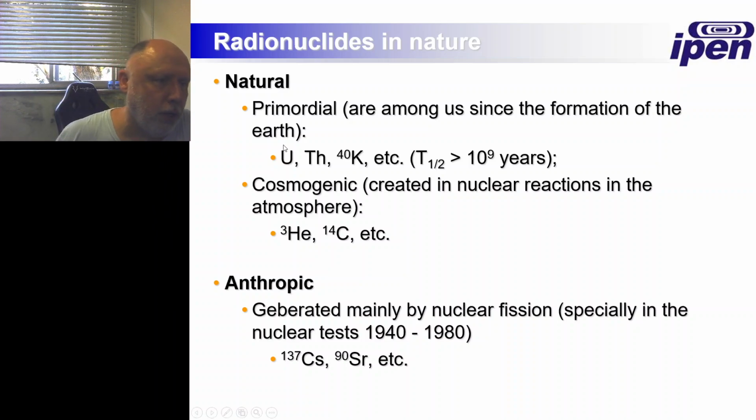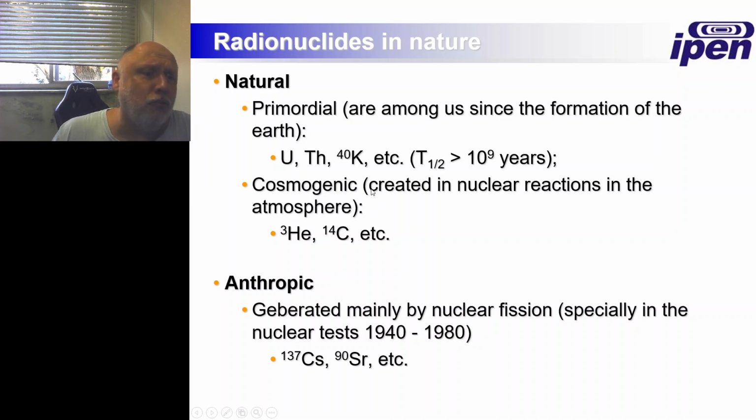So these are uranium-238 and 235, thorium-232, potassium-40, and all that. All of them have more than 1 million years half-life, right? So they are still here since the supernova explosion produced them, before the Earth was formed and everything.